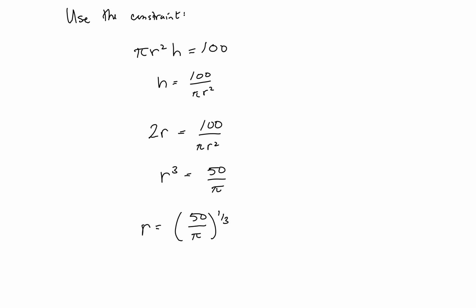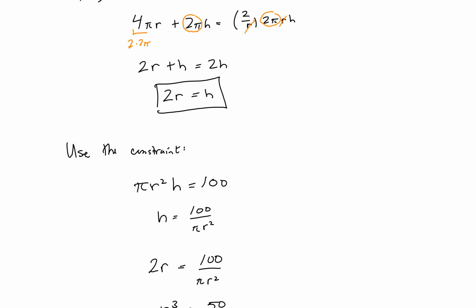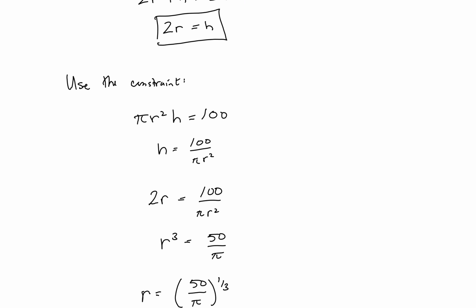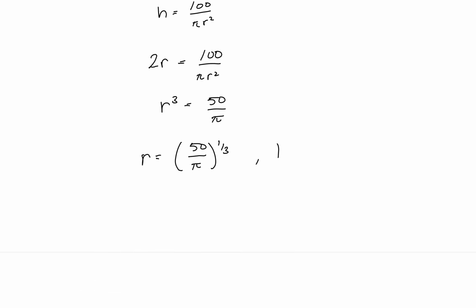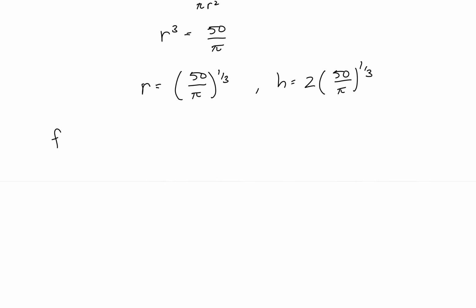And now since I know up here that 2 times r is equal to h, that tells me h is equal to 2 times 50 over pi to the 1/3. So now we can evaluate our function at this point.